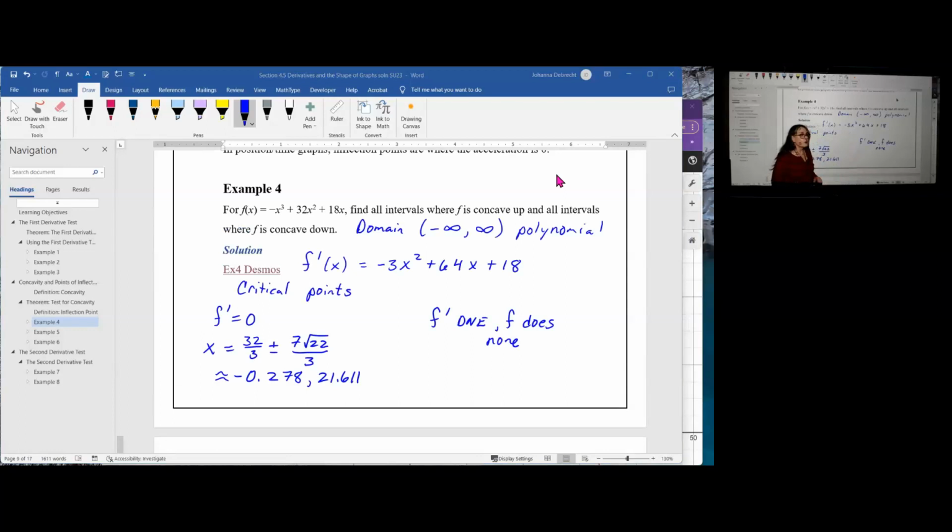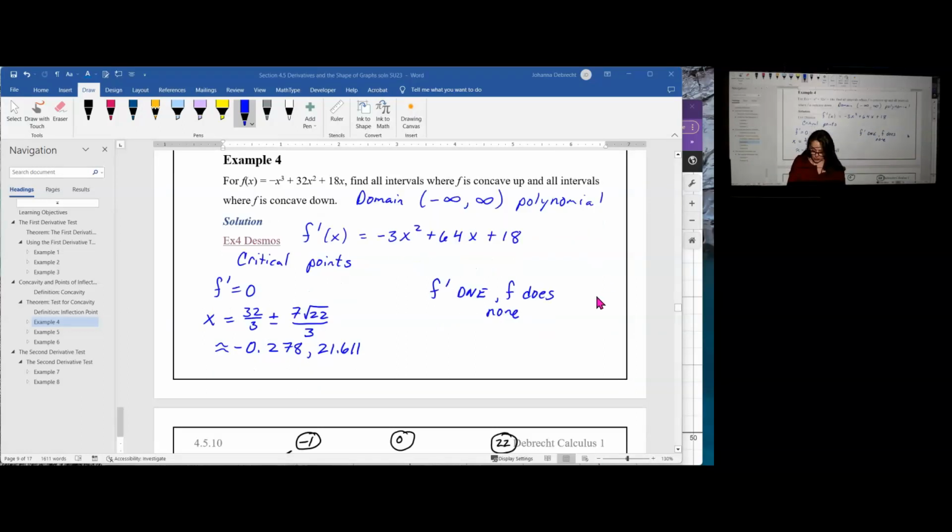Let's now look at the work for example 4 together. This is the same example that I used in example 1, so I've gone ahead and put up the information we found about increasing and decreasing here so that you can refer to it. Remember that we found that the critical points were at 32/3 plus or minus 7 square roots of 22 divided by 3, or about negative 2.7 or 0.278 and 21.611.